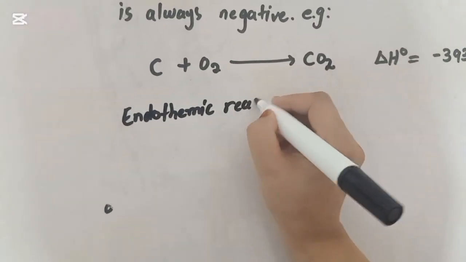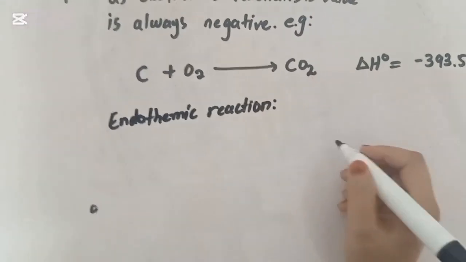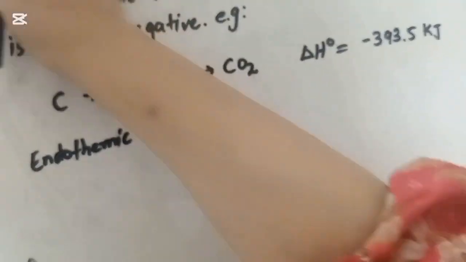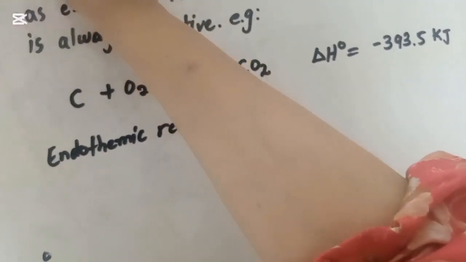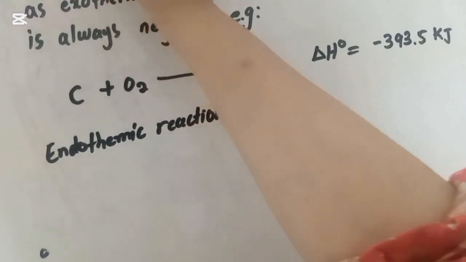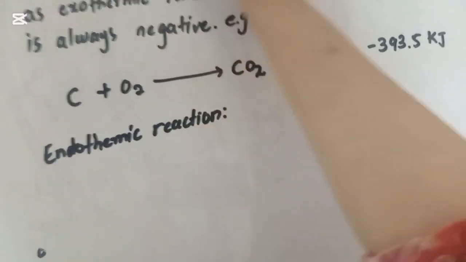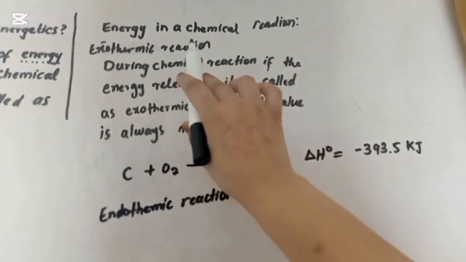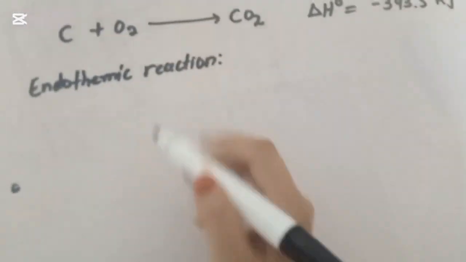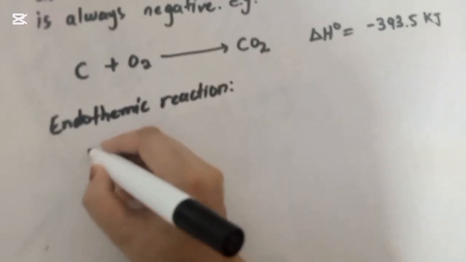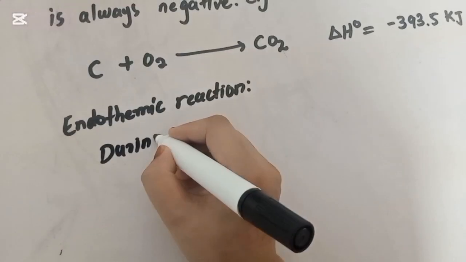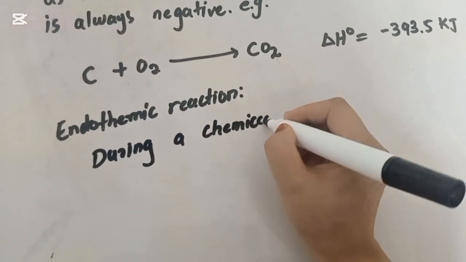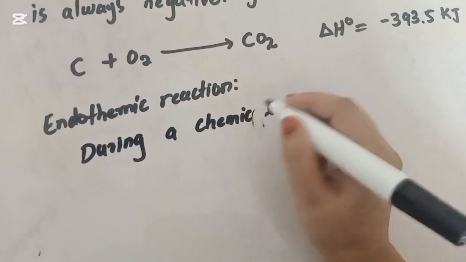Now the endothermic reaction. The above was the exothermic reaction. You can write the heading above the top of the definition, so you can easily distinguish between these two. Now the endothermic reaction has the same wording of definition except a few words.